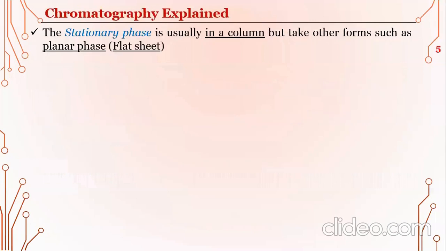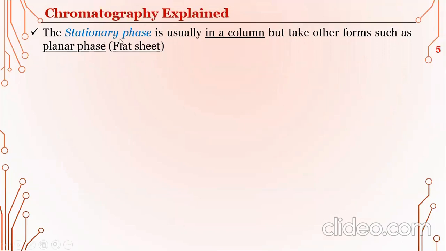So, the stationary phase: we have already talked about the two phases within the chromatography technique. The first phase is the stationary, and the second one is the mobile. The stationary phase is usually in a column.